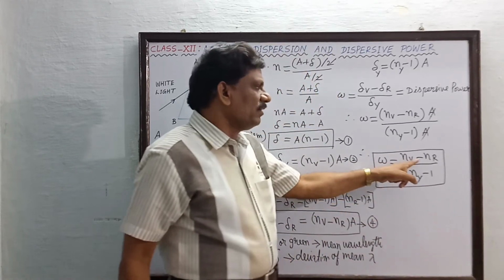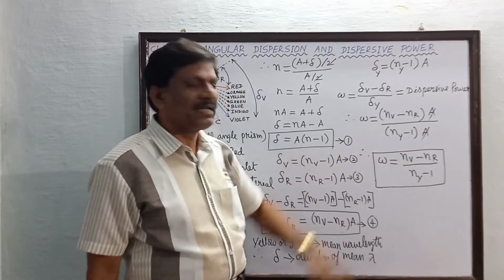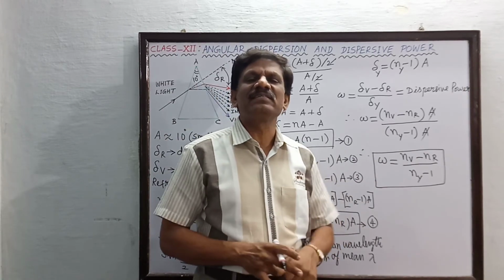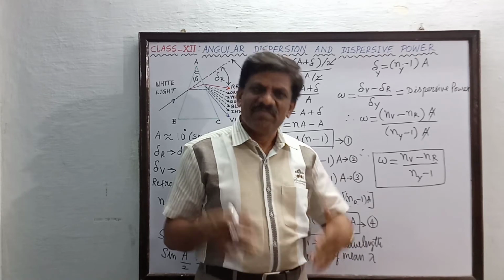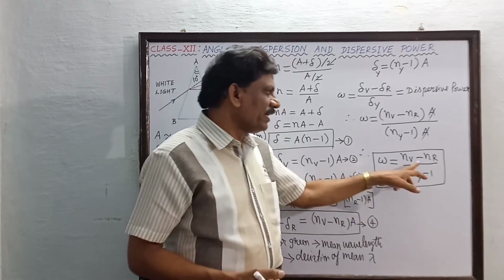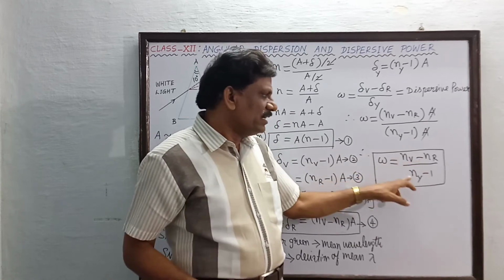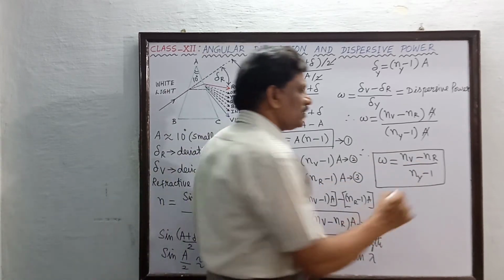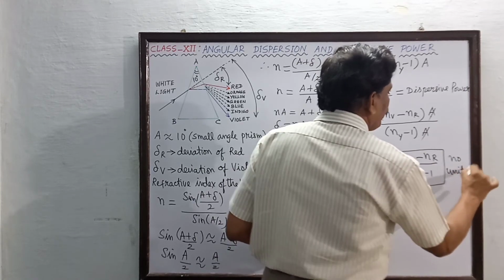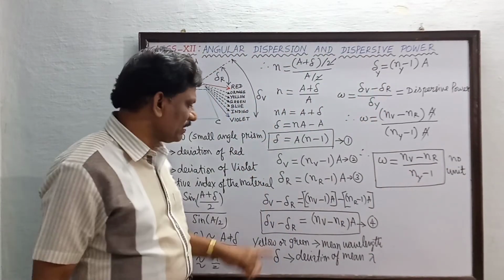Now, nV and nR, these are the values of the refractive indices. Refractive index is sin i by sin r, so it has no unit. Therefore, here numerator also has no unit. Denominator also is having no unit. So, here it does not have any unit. But is there any unit for the angular dispersion?